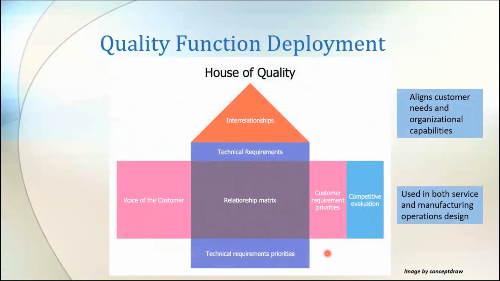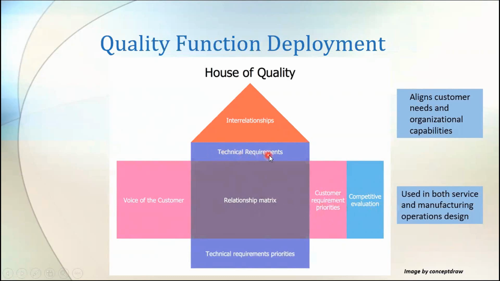So real quick, it's a general matrix that we have on the left-hand side, voice of the customer, and then we have the competitive evaluation, where we evaluate how the competitor stacks up to the customer requirement priorities that we determine based upon what we understand the customer's priorities are.